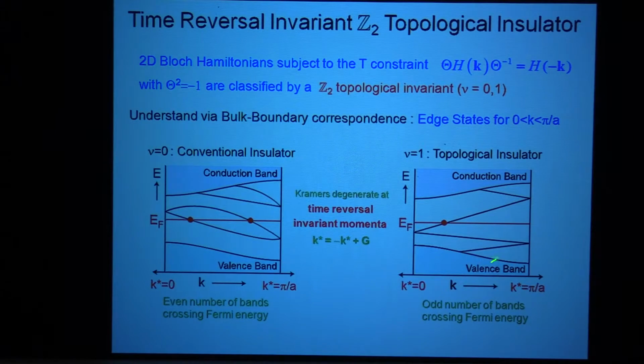And so that guarantees that every state here is extended and goes all the way around, and every state knows about the twisted periodic boundary conditions that you put on. And so that guarantees that these states cannot be Anderson localized.